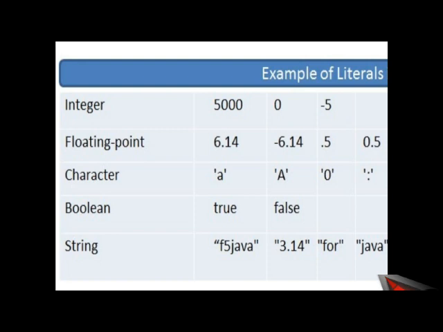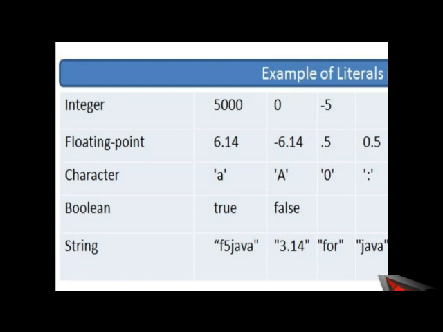Let's look at what exactly they are. An integer literal will store any sort of whole number. It can be either a positive or a negative value. As you can see in the chart, 5000 is a positive number and minus 5 is a negative number.